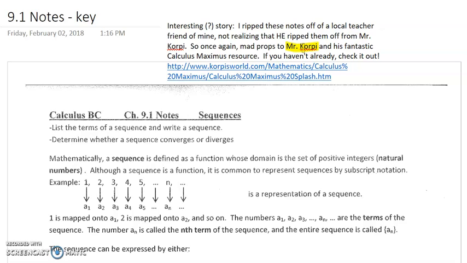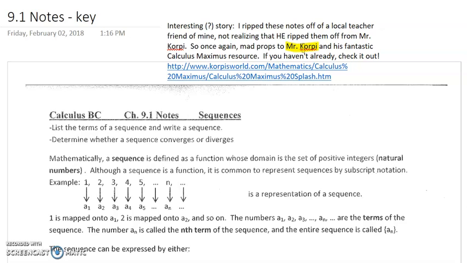All right, so a sequence is nothing but a function. The only difference between a sequence and the functions that we define in terms of x is normally our input is not x, it's n, the number n, and n is not any real number. N tends to be a positive integer.